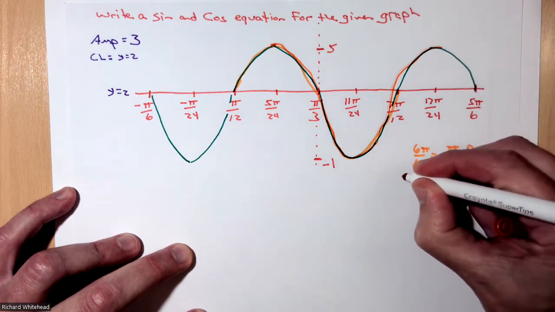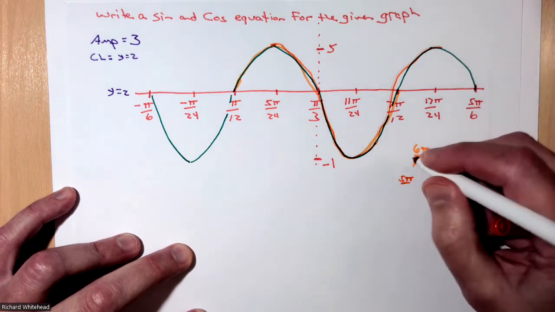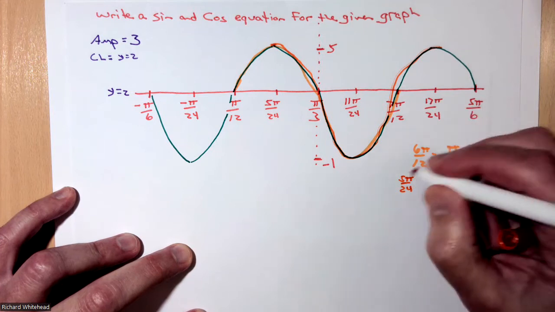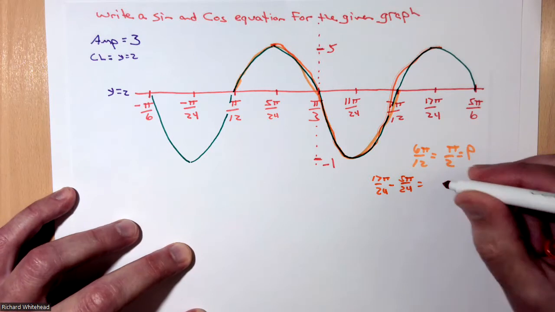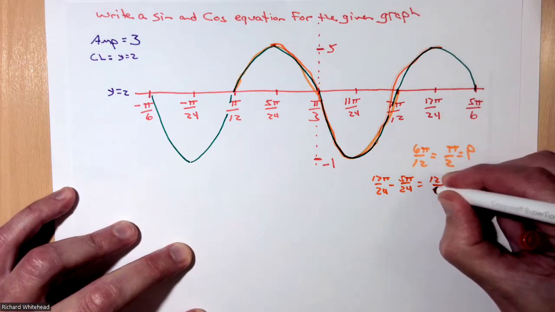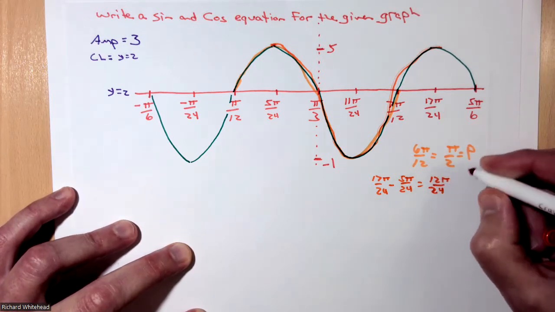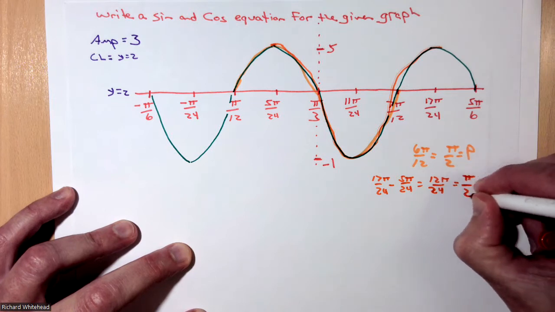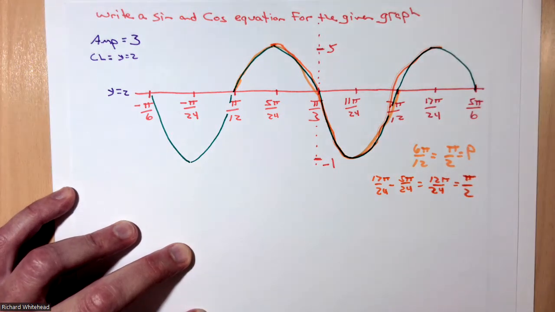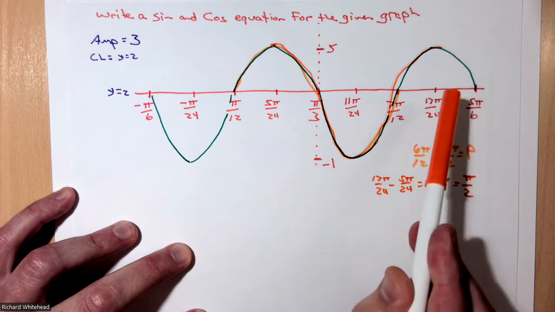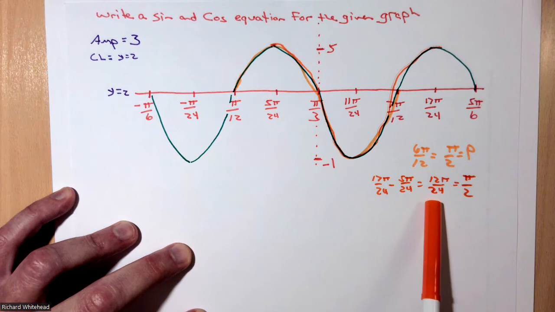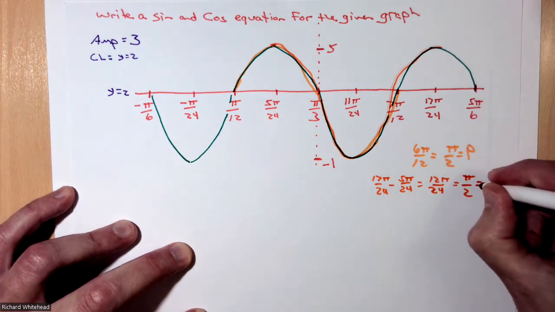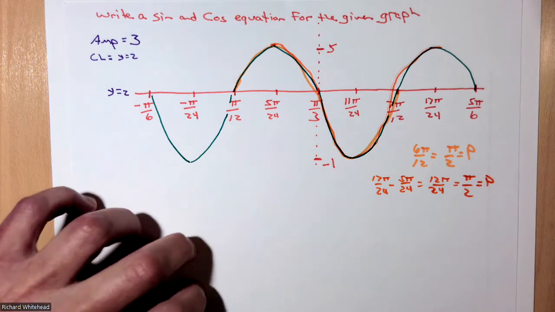So from 5 pi over 24 to 17 pi over 24, that would be 12 pi over 24 spaces. Wait a second, it's still pi over 2. The distance from 5 pi over 24 to 17 pi over 24 is still 12 pi over 24 spaces, which is pi over 2. So the period is definitely pi over 2. There is no doubt about that.